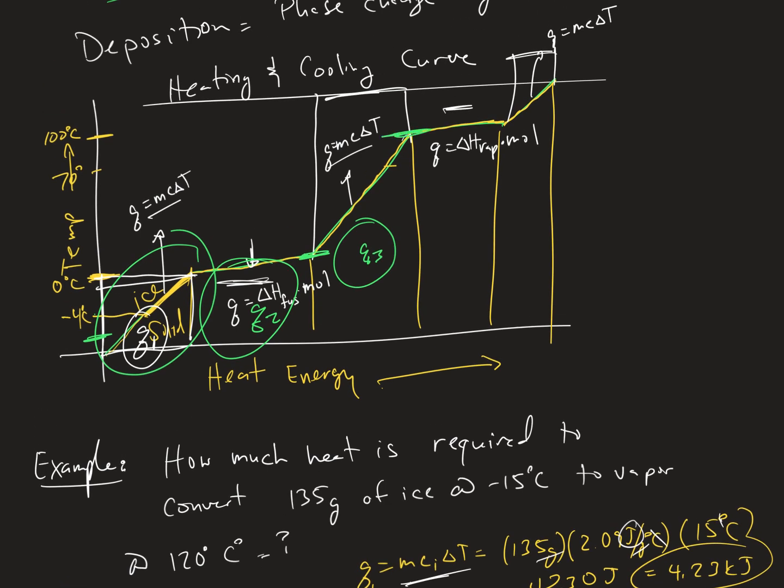Do we need to know that? Yes. The answer is 100 degrees unless they tell you something else, right? Maybe it's a different substance, then it's not 100, and we would have to give you the melting point and boiling point.